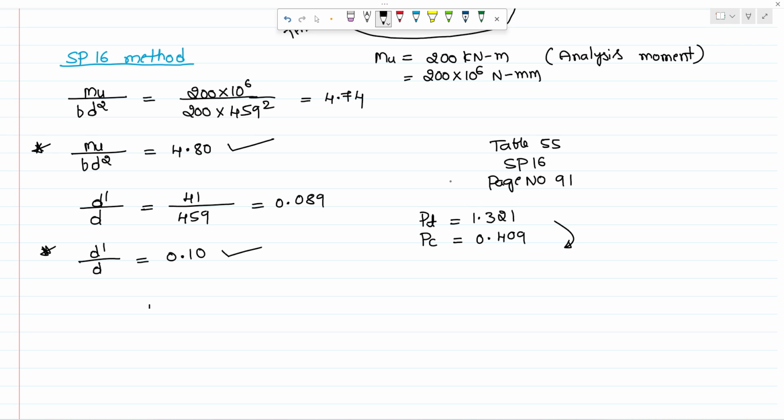You convert this percentage steel to area of steel. First let me calculate AST, that is tensile reinforcement. It is PT BD divided by 100. So 1.321 multiplied by 200 multiplied by effective depth 459 divided by 100.